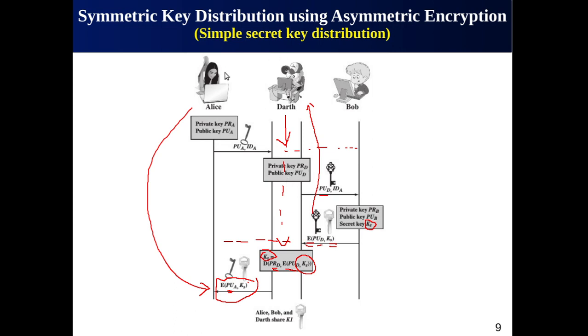As a result, both A and B know the secret, that is KS, and are unaware that the secret has also been revealed by this dirty guy, D. Now A and B can exchange messages by using this secret.